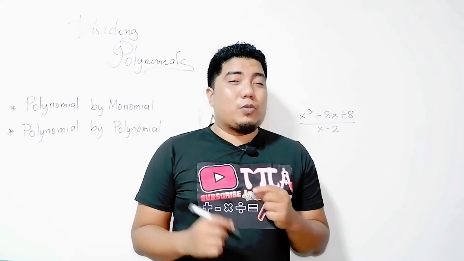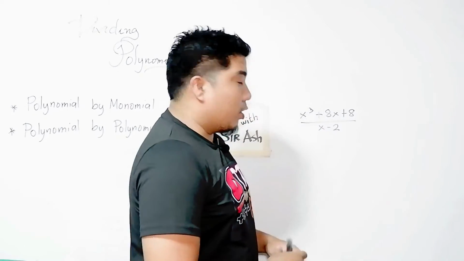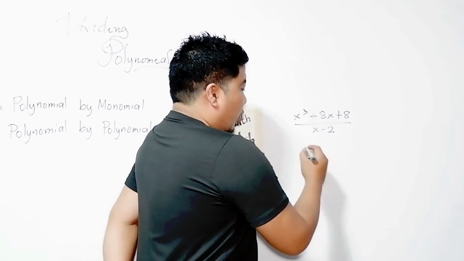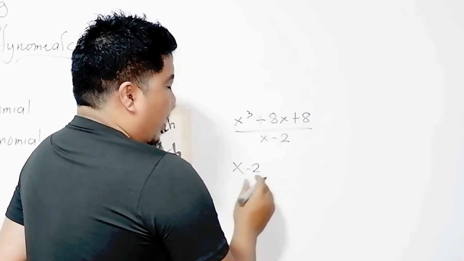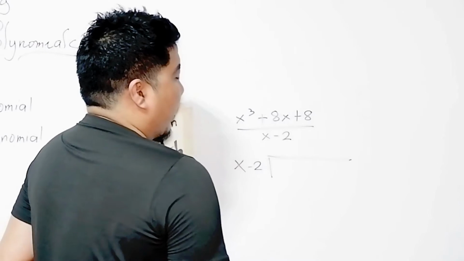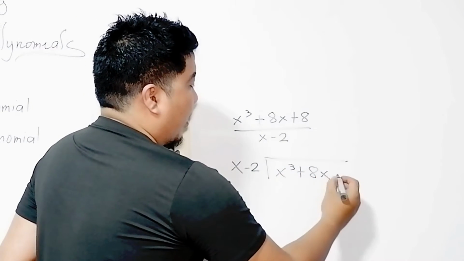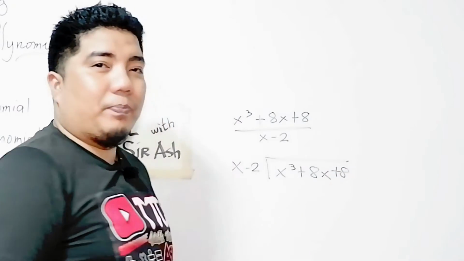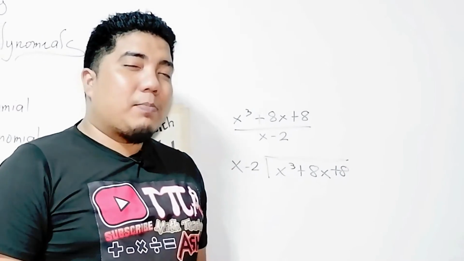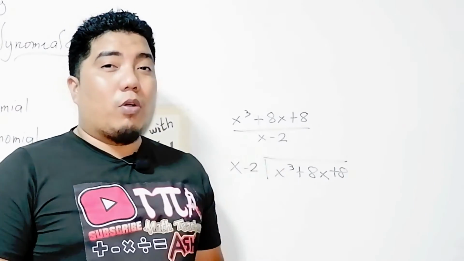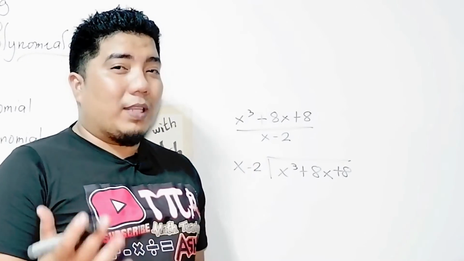Now, I will do this using long division so that you will have more mastery on it. By writing, I will just write x minus 2 as my divisor, and this will be my dividend. Now, in this manner, there is something wrong in what I wrote. What is that?